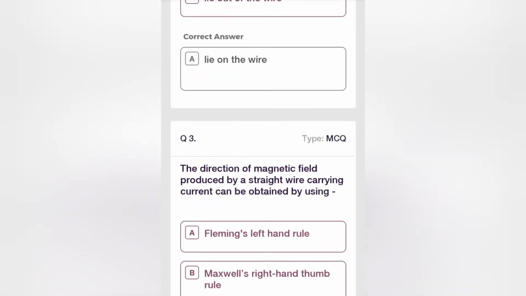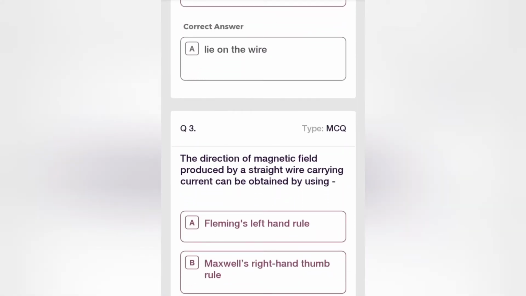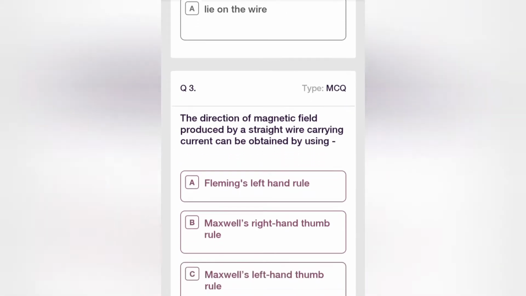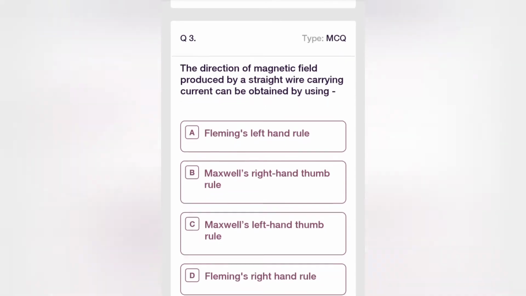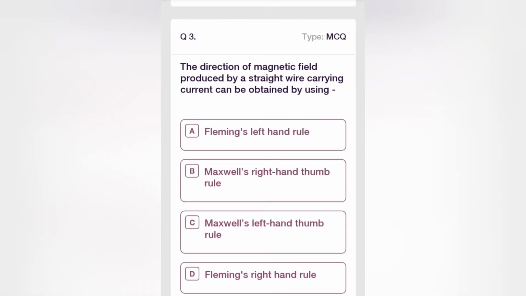The direction of the magnetic field produced by the straight wire carrying current can be obtained by using Fleming's left-hand rule, Maxwell's right-hand rule, Maxwell's left-hand rule, Fleming's right-hand rule. Fleming's left-hand rule is used to find the direction of the motion of the conductor in a motor, whereas Maxwell's right-hand rule is used to find the direction of the magnetic flux when the current direction is known.